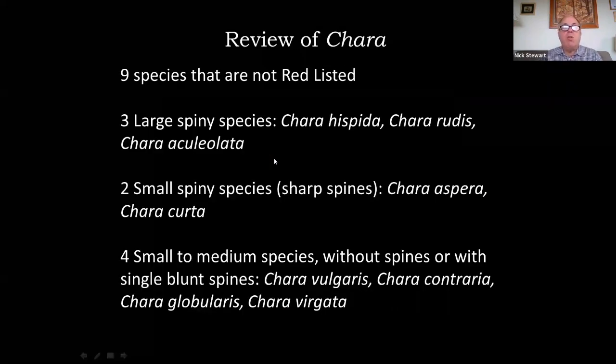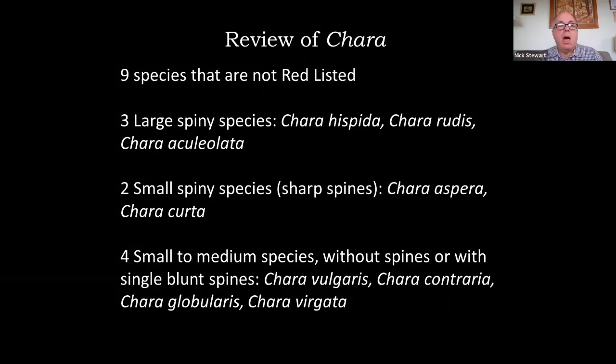Just to recap on the Charas, there are 9 species that are not red listed that are reasonably widespread, and they divide into 3 groups. There are 3 large spiny species.